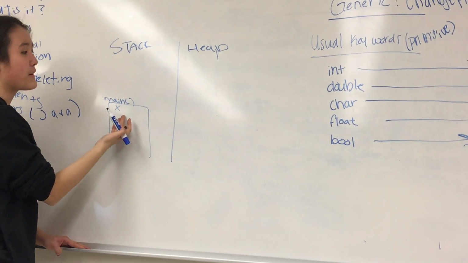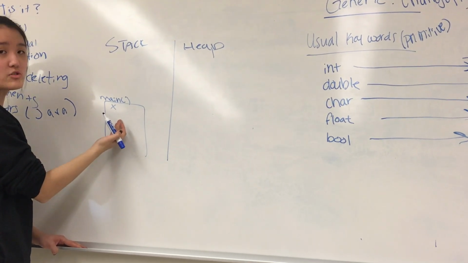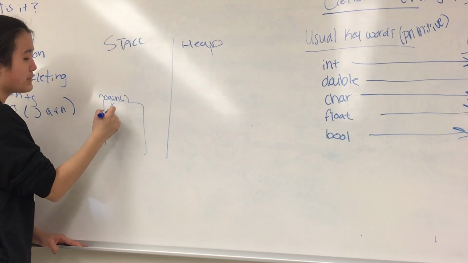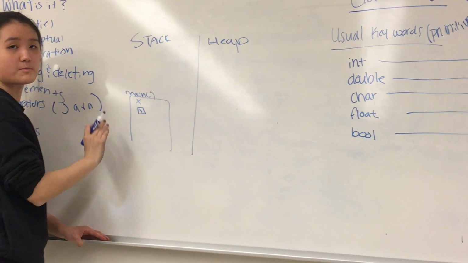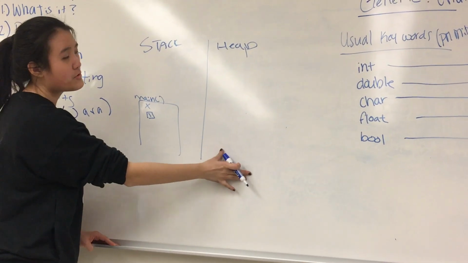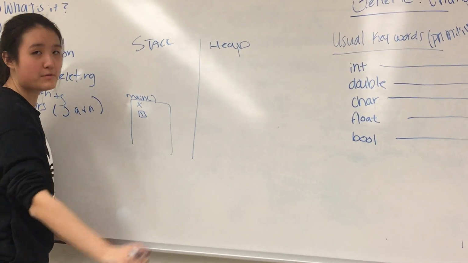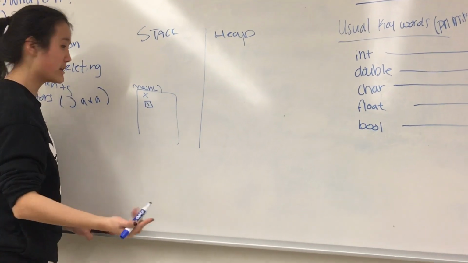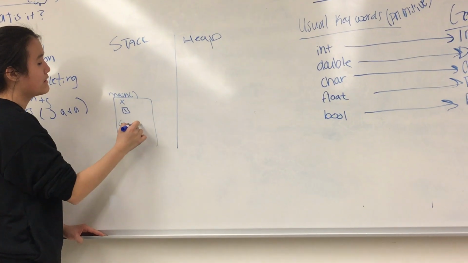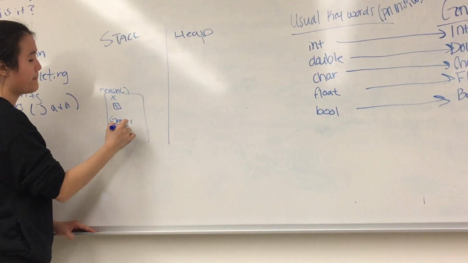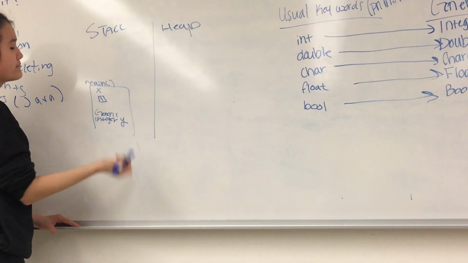This is just a variable, and you want it to store the number 1, for example. So you would just store it within the main function part. Heap, remember, is where you're storing all the reference types, where all the arrows and pointers happen. So let's say you have some generic integer, and let's just call this y.